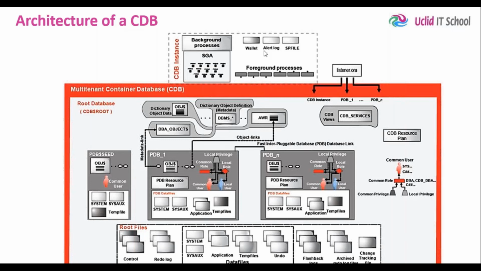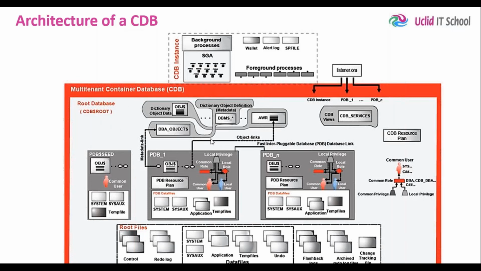A container database instance is the same as a regular database instance. The instance has the SGA, background processes, foreground processes connected, and other files loaded into memory and all that. Now, coming to the database, this is what makes the difference.